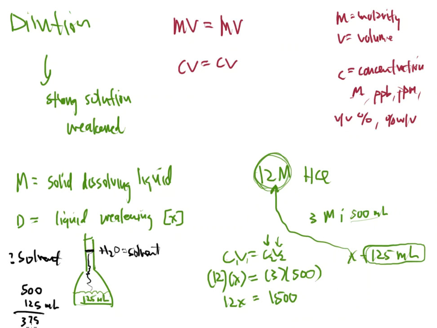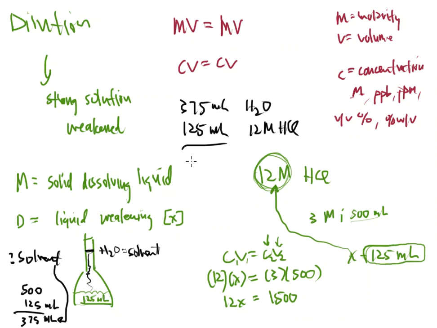And when I subtract these two things, I'm going to get 375. So the actual milliliters of solvent that I need to mix in is around 375 milliliters. If everything dissolves in each other perfectly like textbook is supposed to be, I'll take 375 mils of water and I'll add 125 mils of a 12 molar HCl solution, and that gives me a total of 500 milliliters.